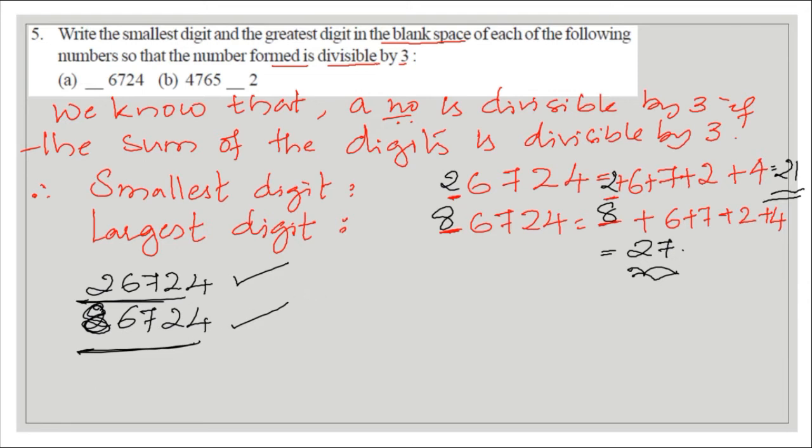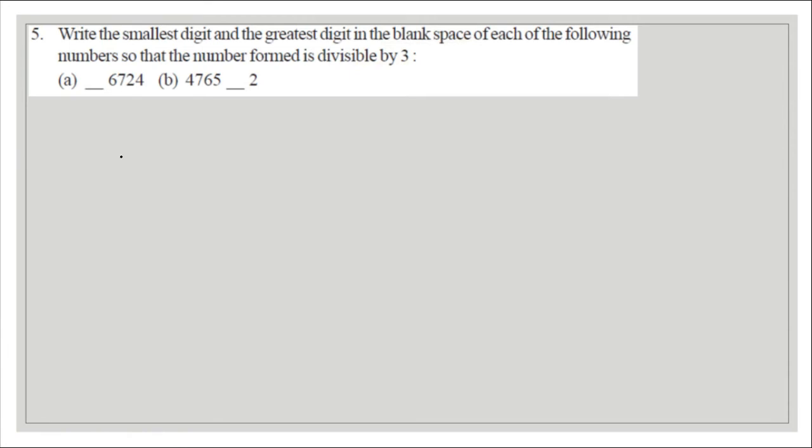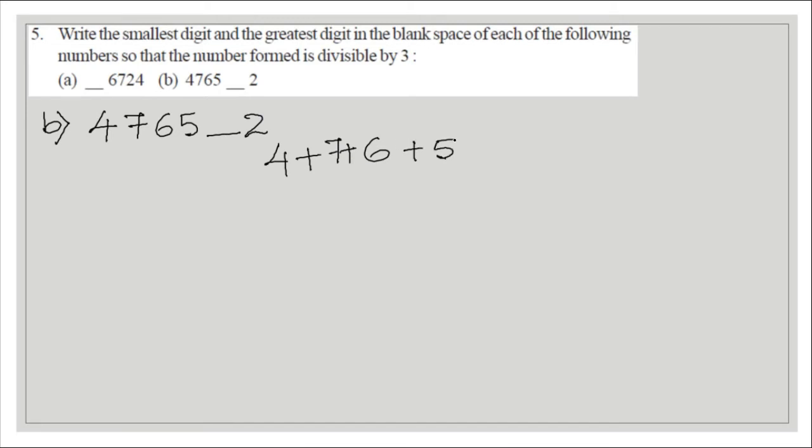In the same way, we have to find out for the second one. In the second one, the given number has the digits 4, 7, 6, 5, blank and 2. Let me first add these digits. 4 plus 7 is 11, plus 6 is 17, plus 5 is 22, plus 2 is 24.